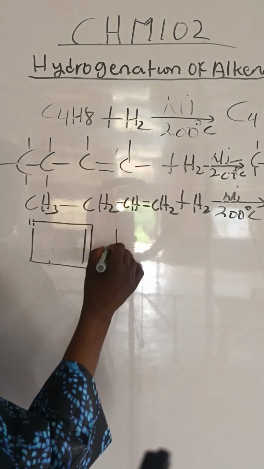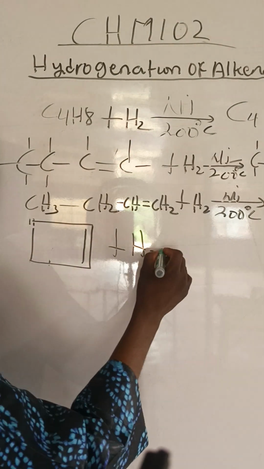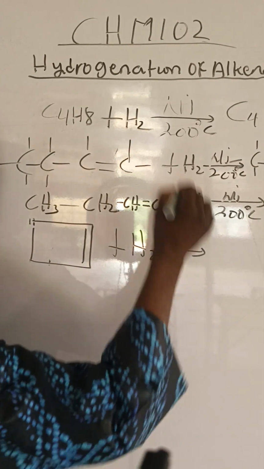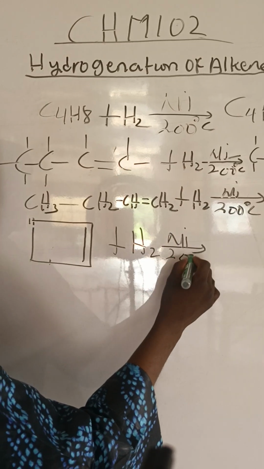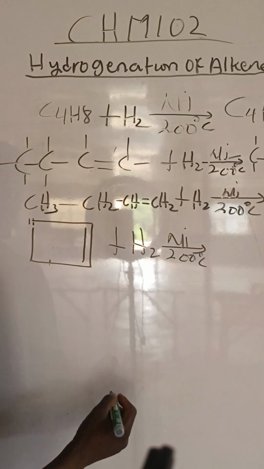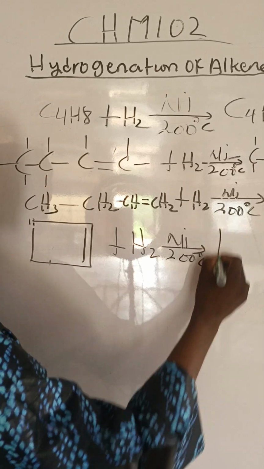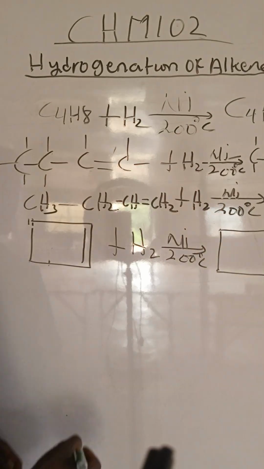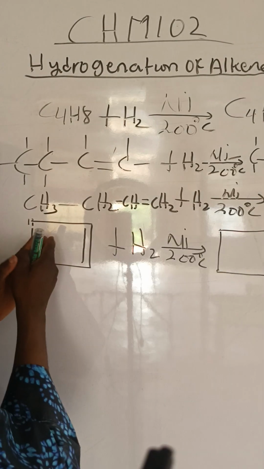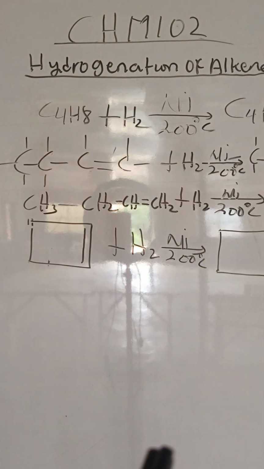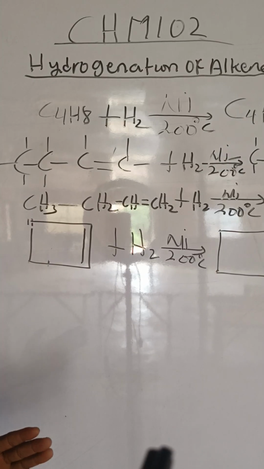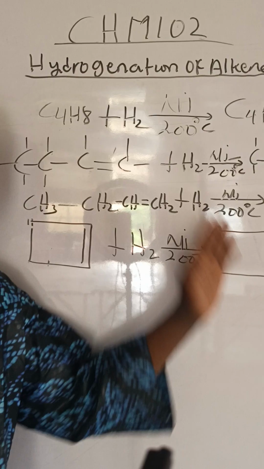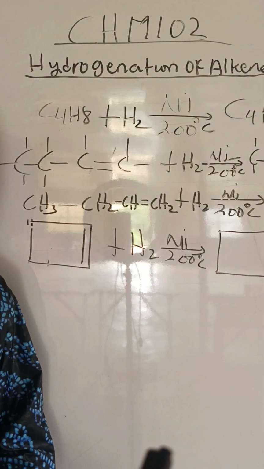Plus hydrogen gas in the presence of nickel as catalyst and the temperature of 200 degrees Celsius. Then do the same thing here. This one will also give us another rectangular shape. Now, the difference between this one and this one is that you can see the mark inside this place. We call this one cyclobutene, while this one is cyclobutane. Is that taken like that?